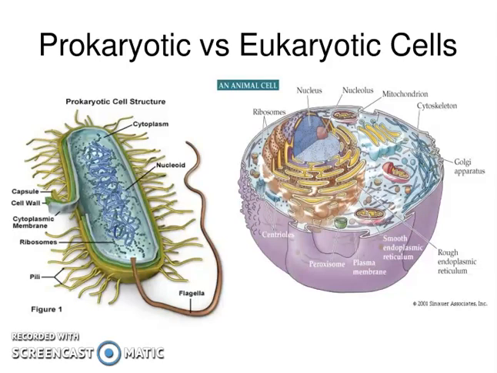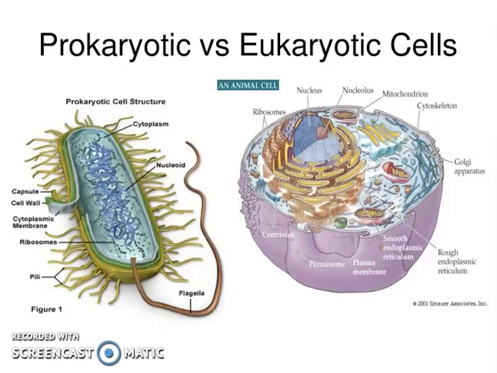They are considered to be the first life on Earth to have evolved, and in addition to being smaller, they are also a little less complex. They don't have a lot of internal structures, which we call organelles, and they are also all unicellular organisms, meaning every single organism that is prokaryotic is made entirely of one cell.